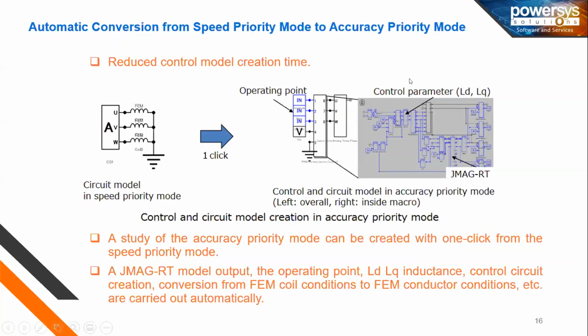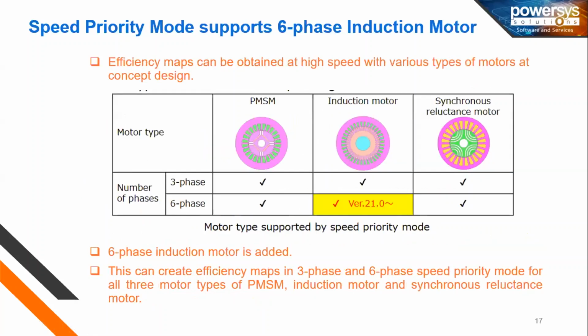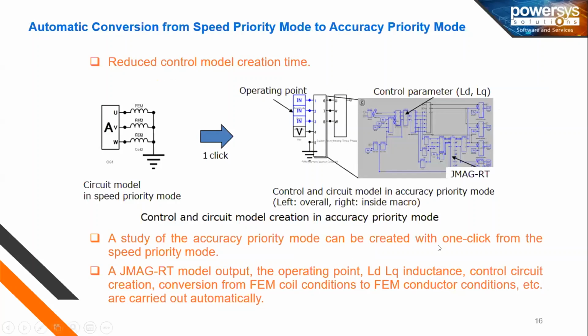So that is being done in version 21. By a single click, a speed priority mode efficiency map can be converted into an accuracy priority mode map. For how it can be performed, we have a small demo. I will show that.